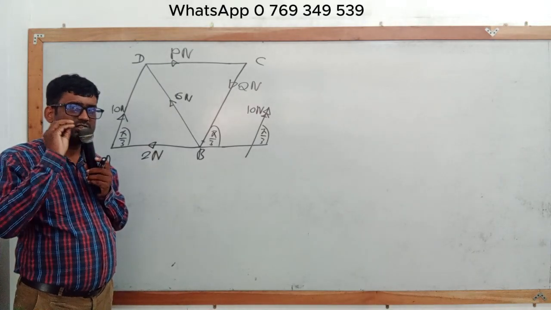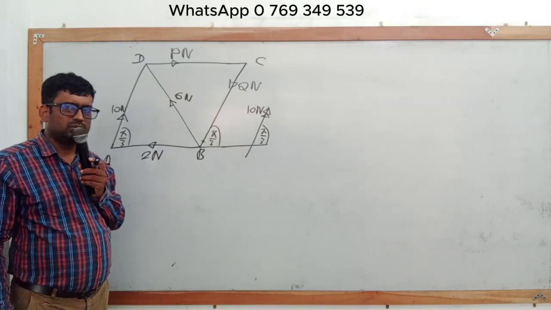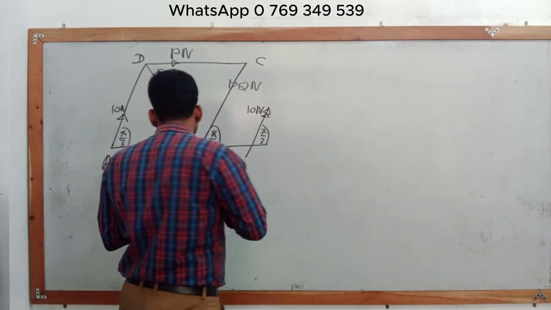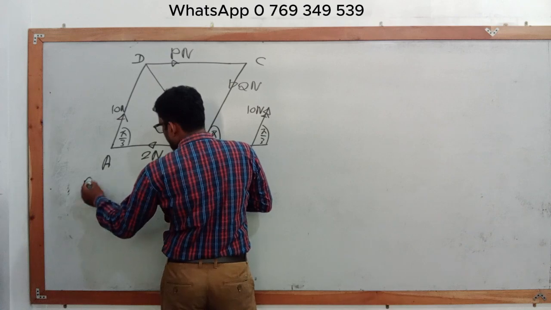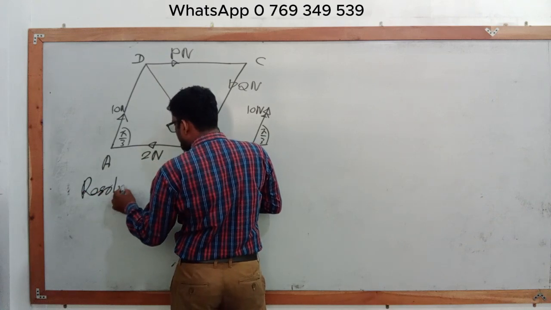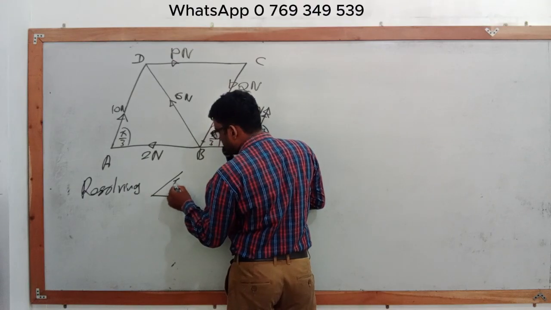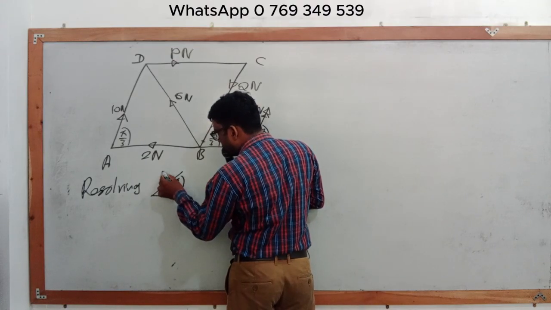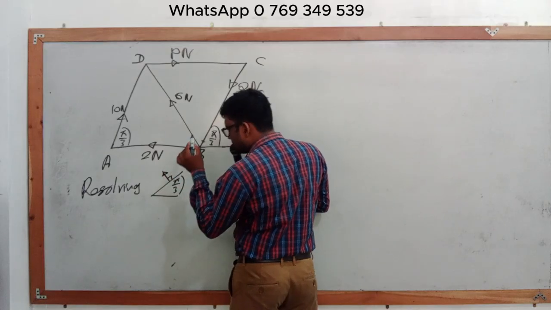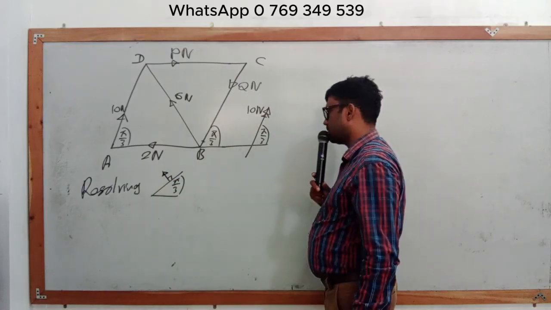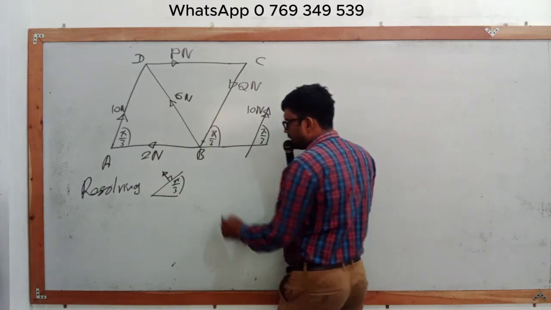Not should be, must be 0. That is the case. Resolving: this is the pi by 3, and this is the perpendicular line like this. It should be 0.